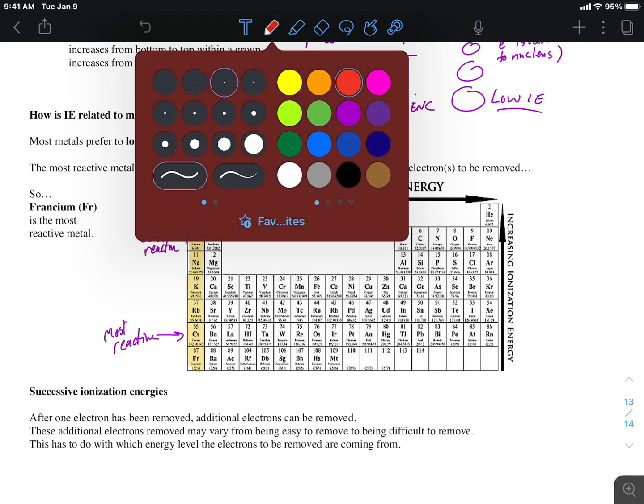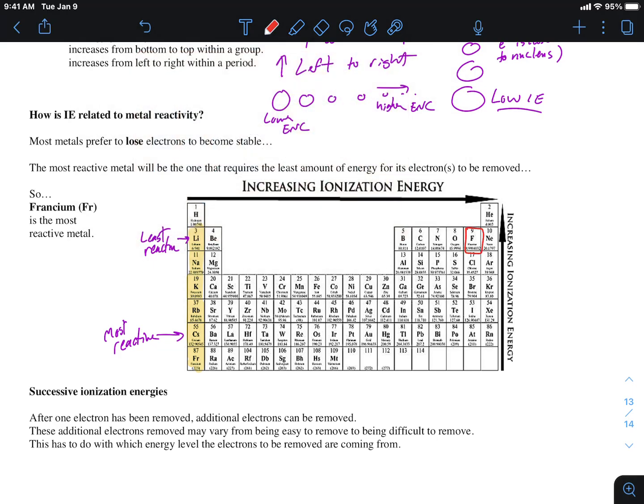Conversely, nonmetals gain electrons, all right? And the trend is opposite for reactivity. So more reactive means gain electrons easily.